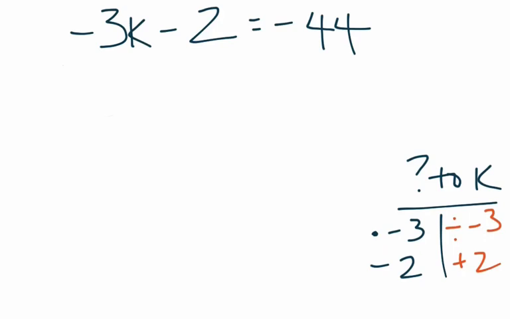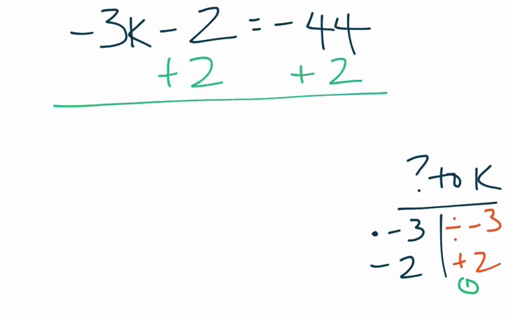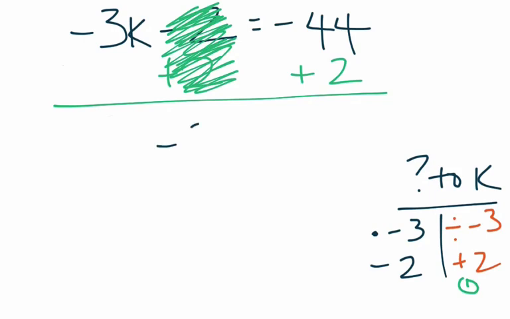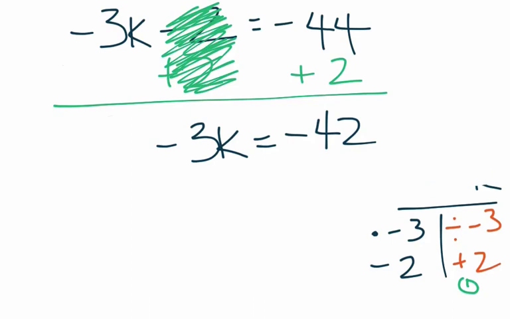Addition comes first in SADMEP, so we're going to add 2 first. These 2s go away, and then I'm left with negative 3k equals negative 44 plus 2, which is negative 42.